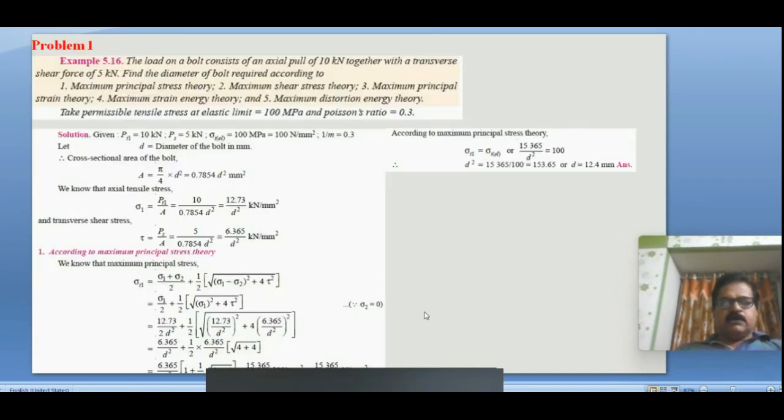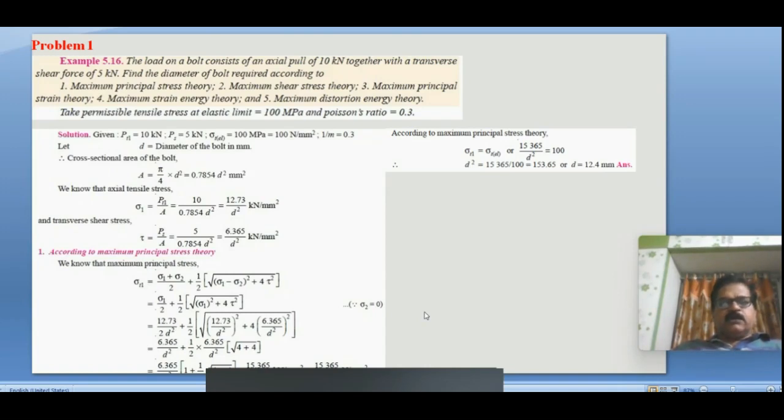Here we can see some examples. So let us look at example 1. The load on a bolt consists of an axial pull of 10 kilonewton together with a transverse shear force of 5 kilonewton.